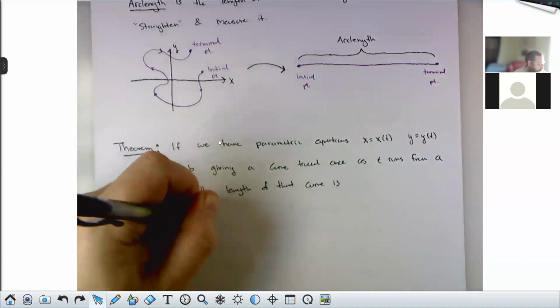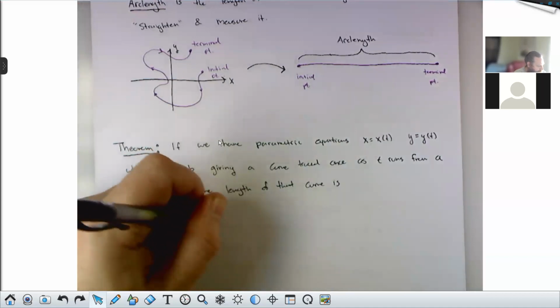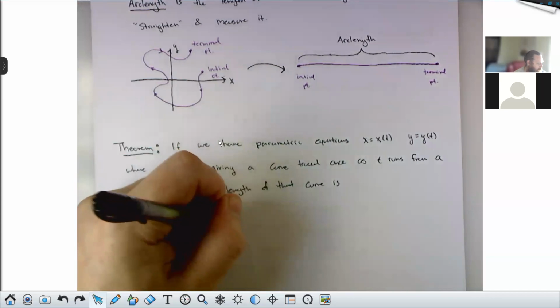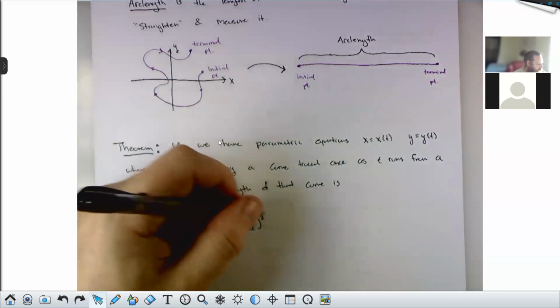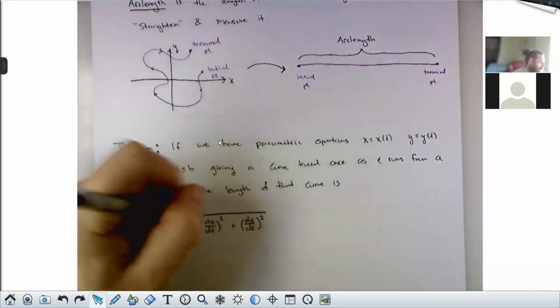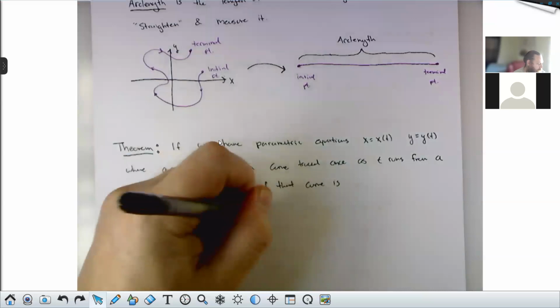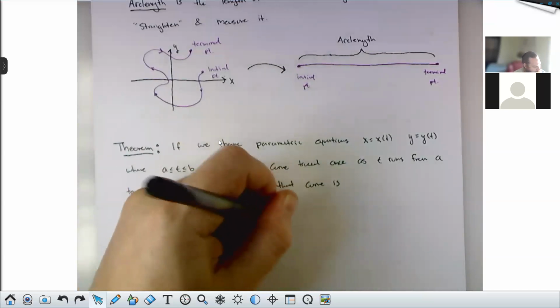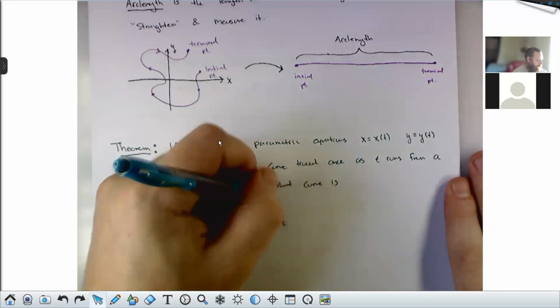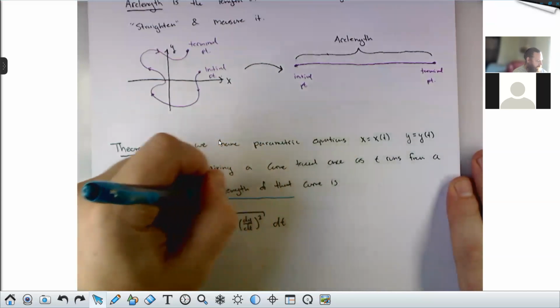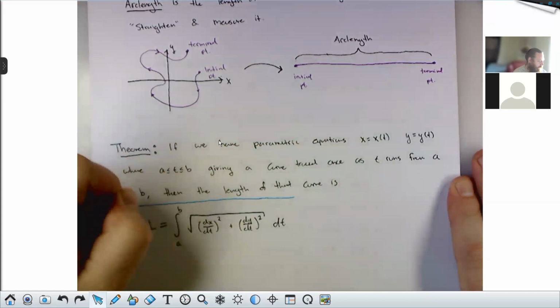It's the square root of dx dt squared plus dy dt squared. So it's that thing under a square root, and the integral is done with respect to t. So this is your recipe. Your formula for arc length.